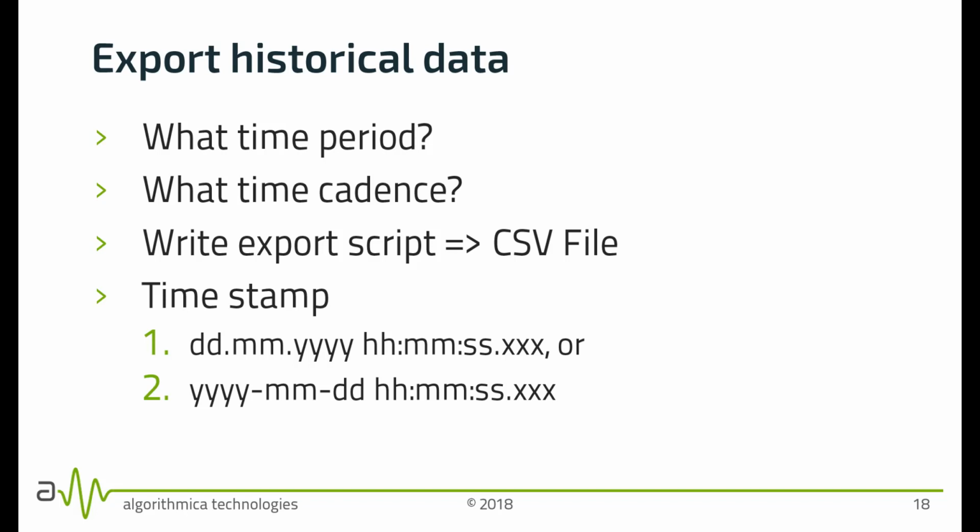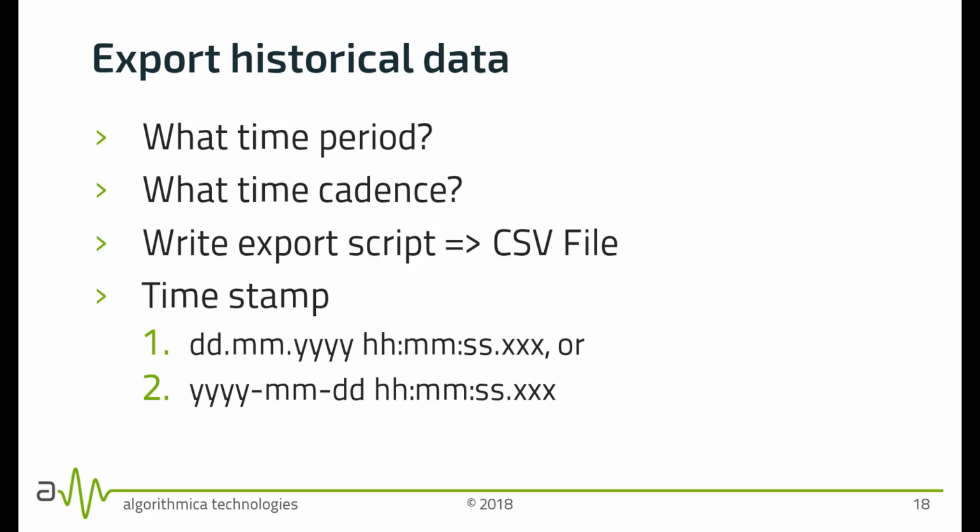Having answered these two questions and being in possession of a list of tags that we're looking for, we need to write some sort of export script. Whatever your historian system is or your control system that holds these historical data, we need to extract it to a CSV file.